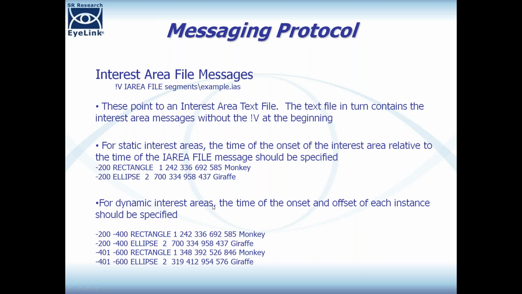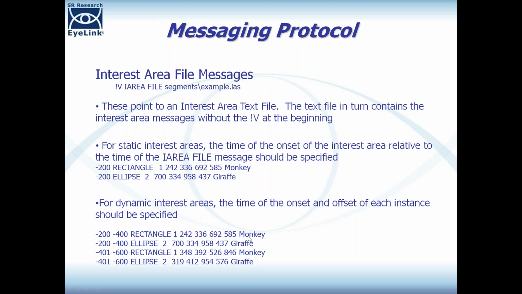If you're going to create dynamic interest areas, then you need to specify the start. With dynamic interest areas, see how we have the same interest area ID and label. This is one monkey, and you can see that's used repeatedly. So we have monkey here, and we have two in giraffe, here and here.